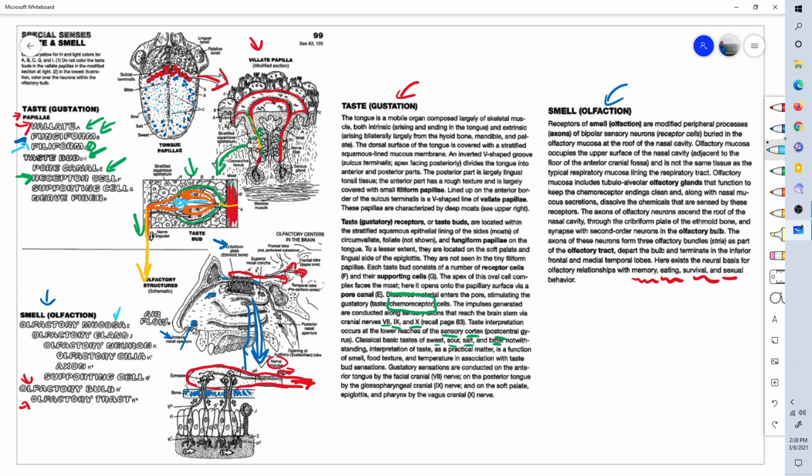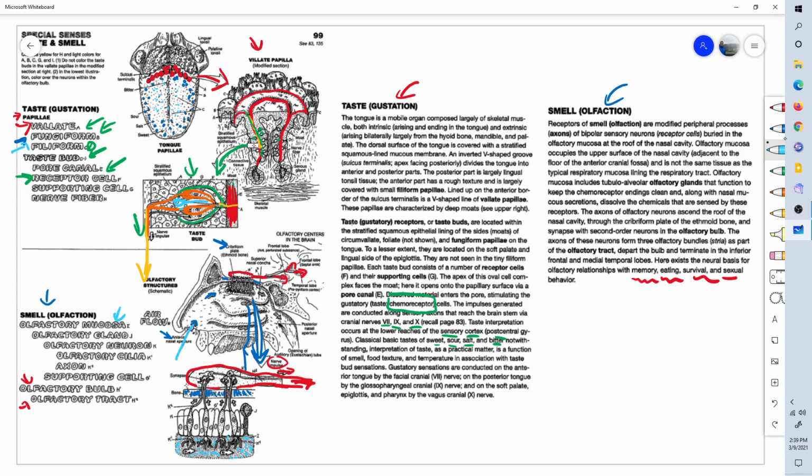First, the olfactory mucosa on the roof of the nasal cavity. This is the substance that is continuous with the nasal mucosa, the lining of the nasal cavity, but it's different. It's not exactly the same. It has some different characteristics.